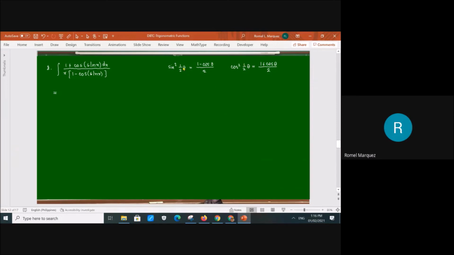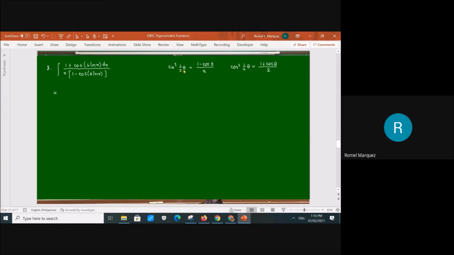Pag ang 1/2 theta ko, let's say theta. So, pag 1/2 theta, here is theta. Pag theta, 2 theta. Pag 6 dito, halimbawa, kung 6 dito, what is here?